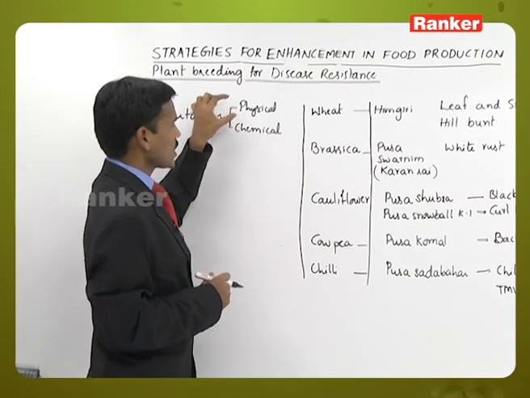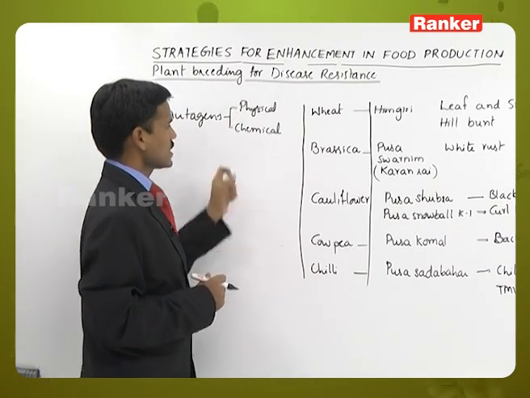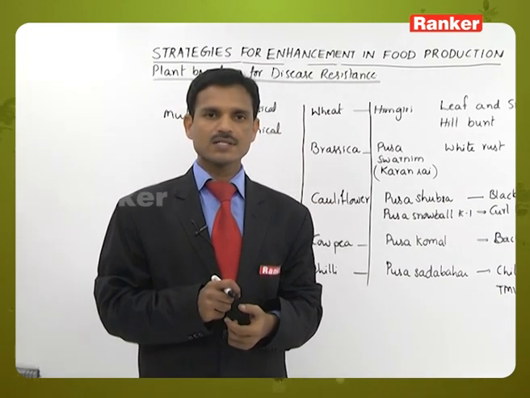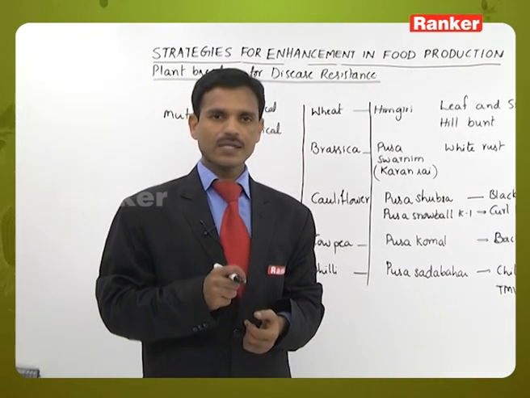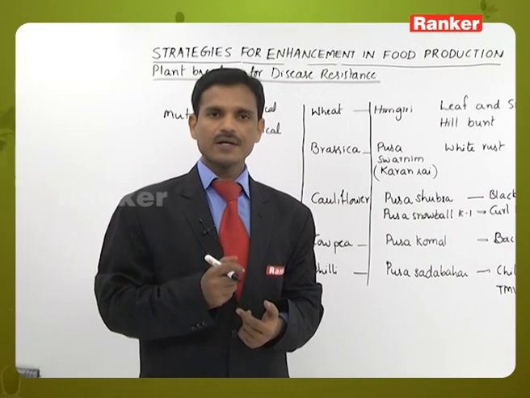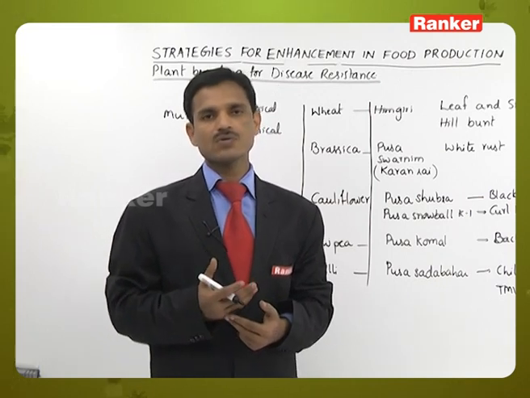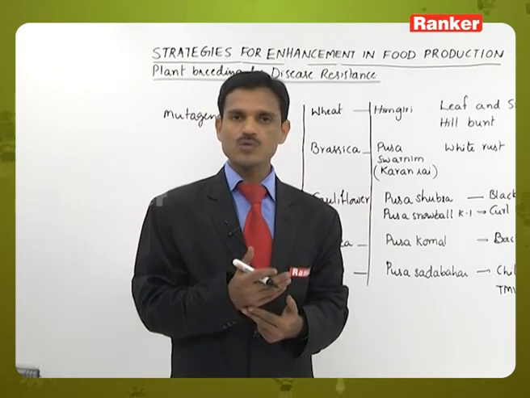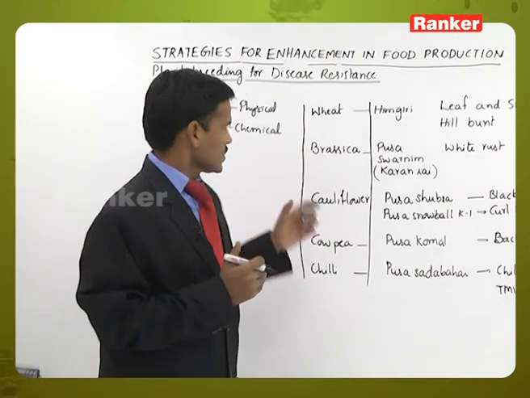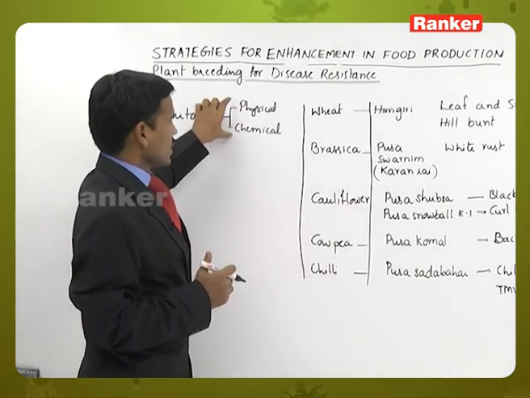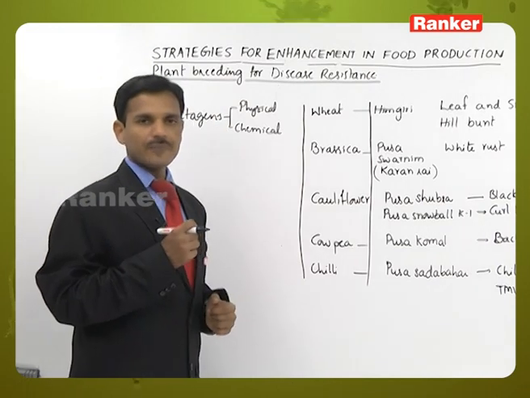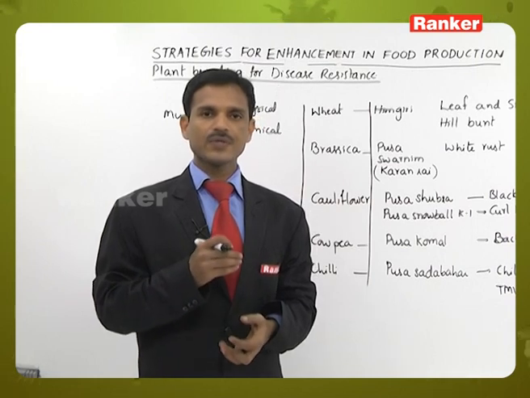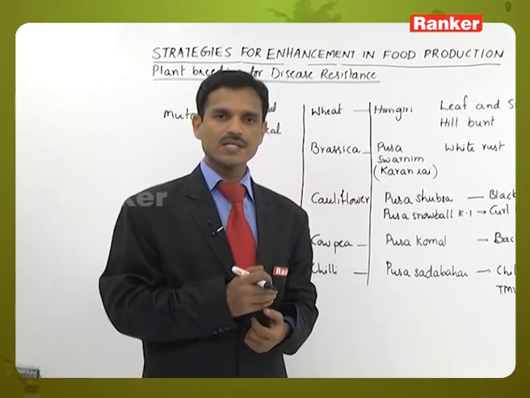Chemical mutagens are like nitrogen mustard gas, ethyl methane sulfonate, methyl methane sulfonate and sometimes colchicine. These also change the base sequences, or sometimes the number of chromosomes is increased or decreased. So physical and chemical mutagens induce changes within the genetic material, leading to morphological or physiological change in the organism.